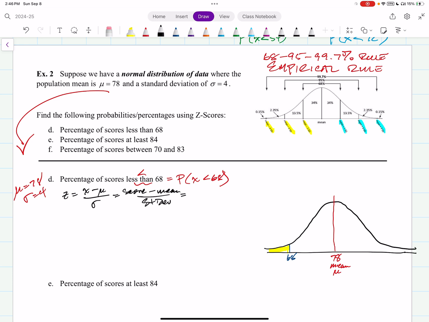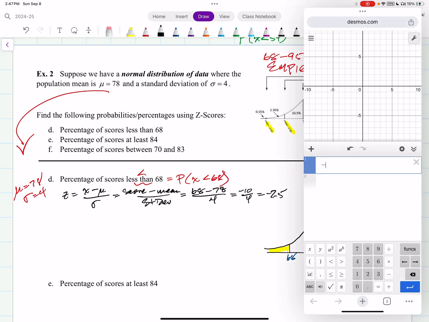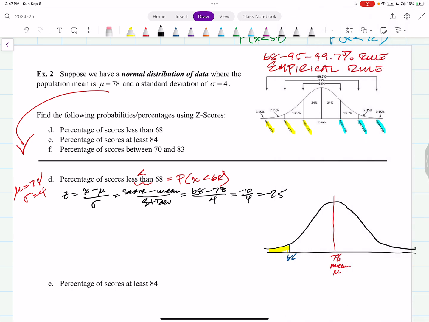In this case, it's 68 minus 78, divided by 4. We have negative 10 fourths, which is negative 2.5. Just do the arithmetic. Divide negative 10 by 4 and you get negative 2.5. Use your calculator when you need to.